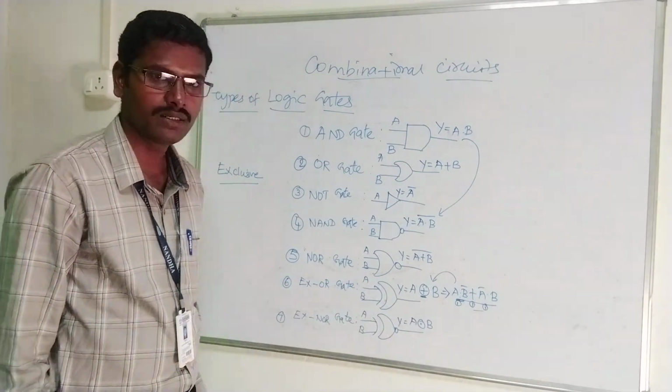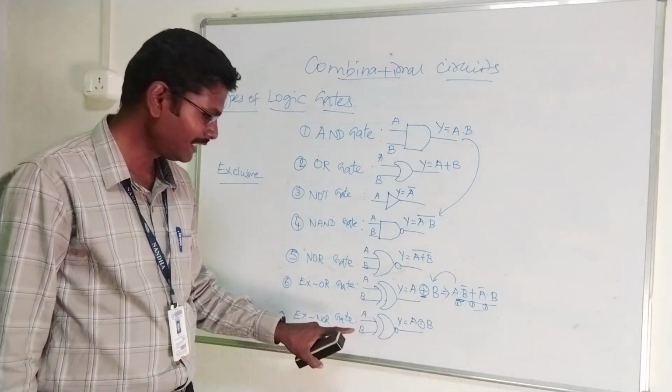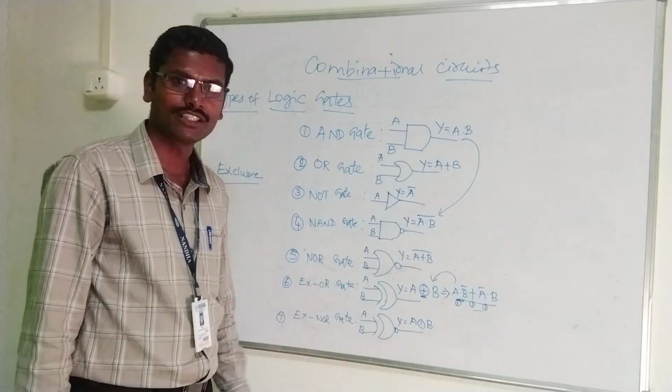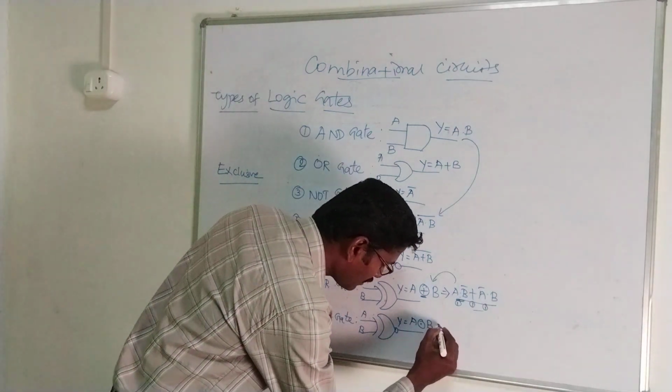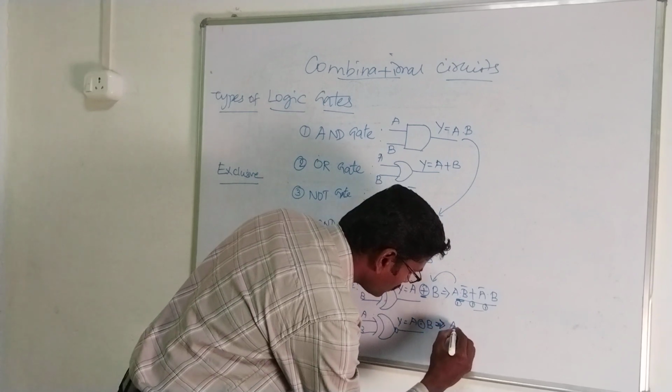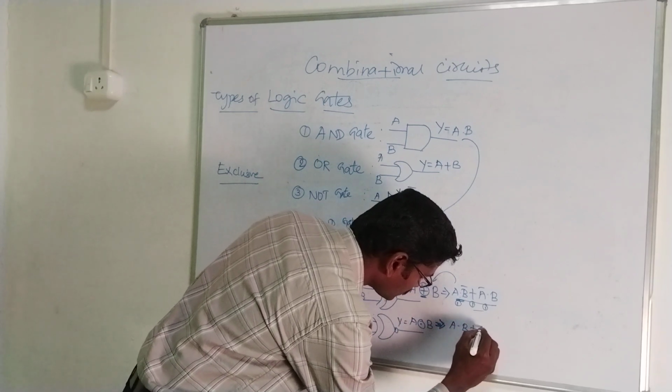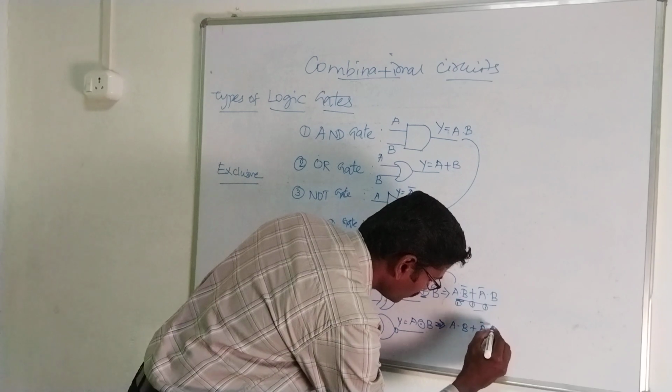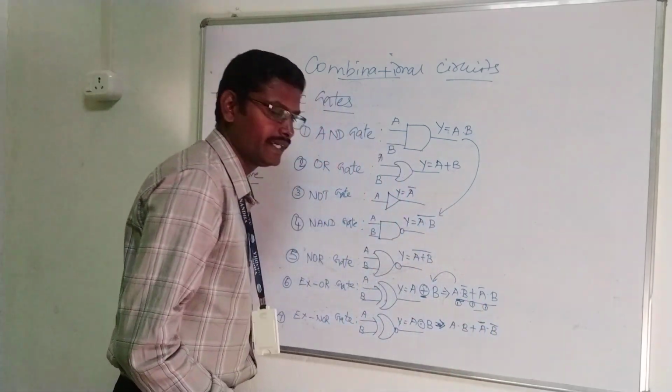So this is the equivalent operation of this XNOR gate, and this can also be written as A dot B plus A bar dot B bar, right?